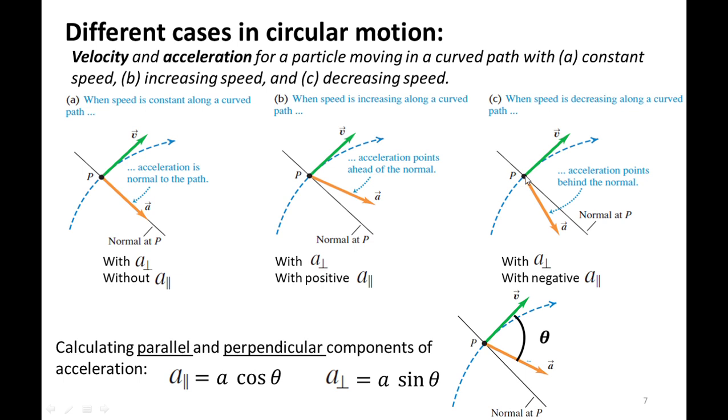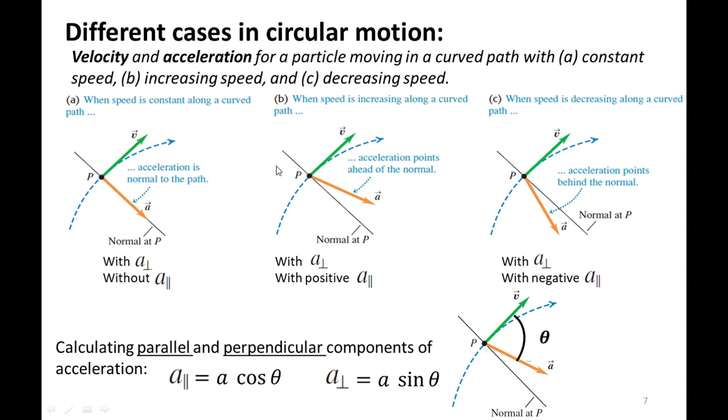So the object is actually decelerating, which means that the acceleration that can cause the change in the speed of the object, or the magnitude of the velocity, must be equal to a negative value, so that the object is slowing down, or decreasing its speed.